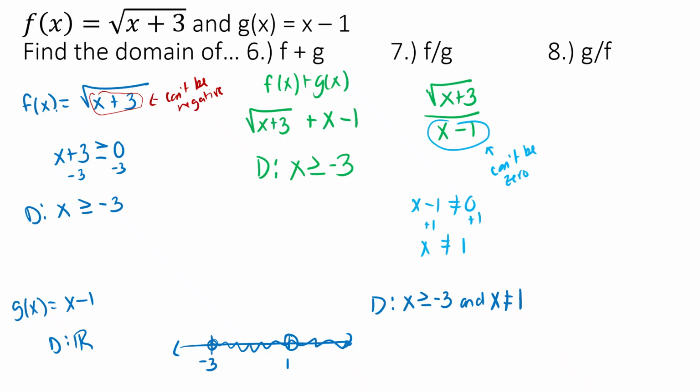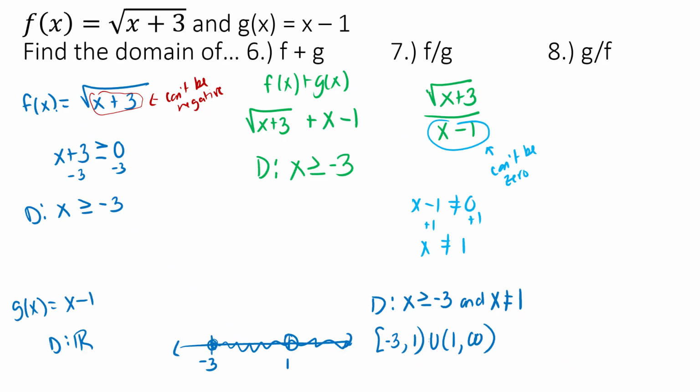So it could be something like this, negative 3 to 1, and then 1 to infinity. Like that, where you've got the cutoff down here at the negative 3, and then also are creating an open space there at the 1. There's other ways that we could do that, but if you came up with that, good job.